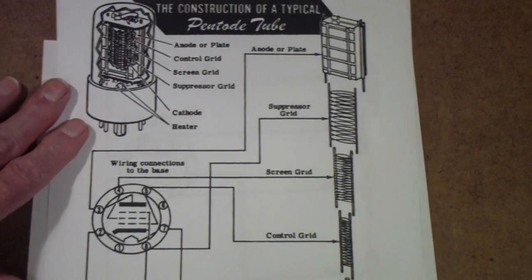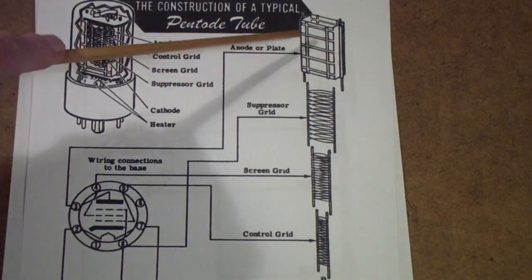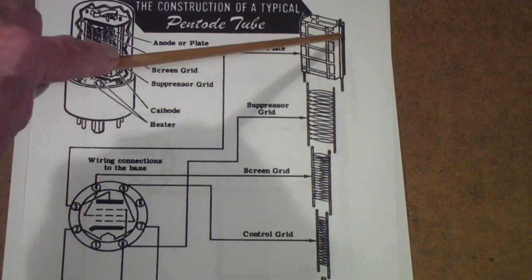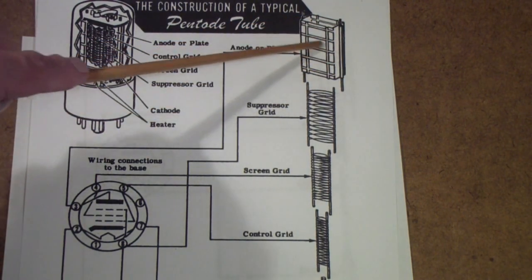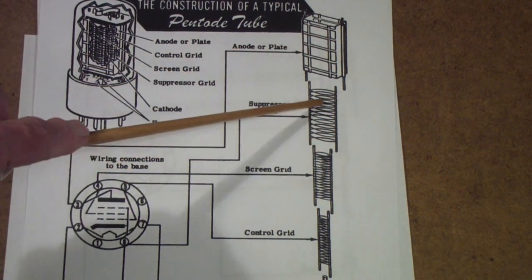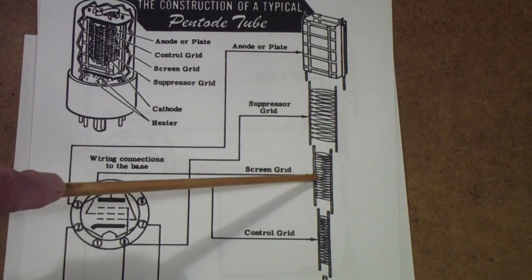Once again, on the right is the actual physical construction of these tubes. Notice the plate is a metal structure, usually a solid metal structure with 2 pillars and insulators in between. This is the suppressor grid. This is the screen grid inside of that.